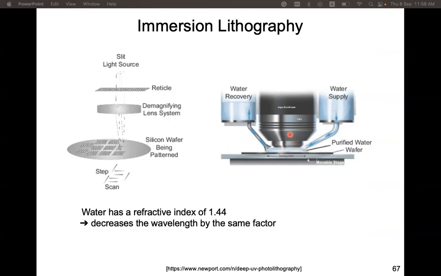So between the lens and the wafer, we fill it with high quality pure water. The water has a refraction index of 1.44. This effectively decreases the wavelength by the same factor. And so this effectively increases the resolution.